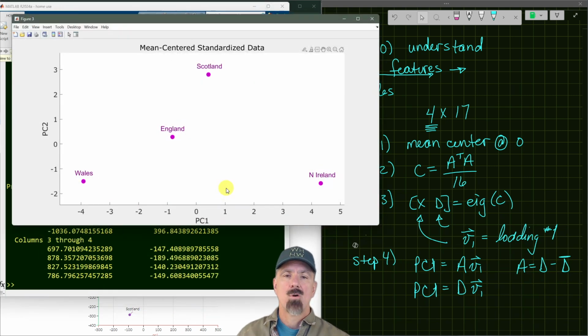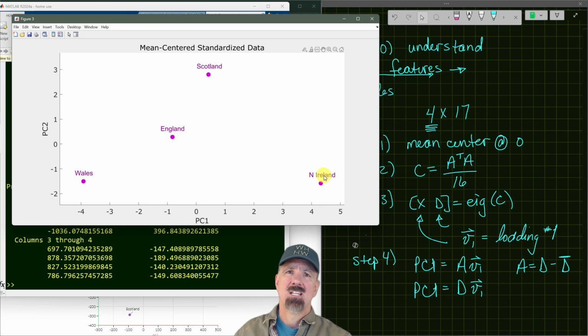All right, so I've rerun the problem, and what I'm showing you here is a graph similar to what we were looking at before, but now we have principal component 1 and principal component 2 built based upon the standardized mean-centered data. We have a distribution that looks different from what we had previously. It doesn't appear to be the same type of distribution.